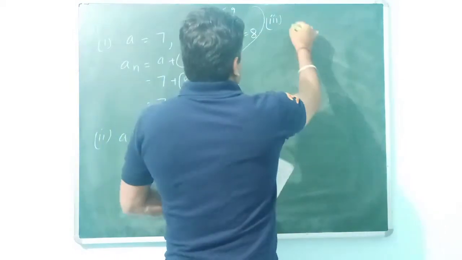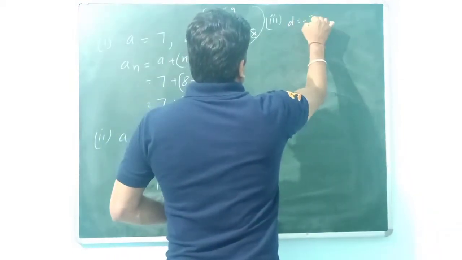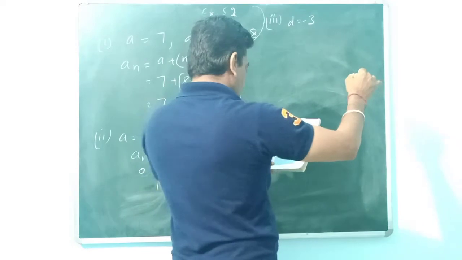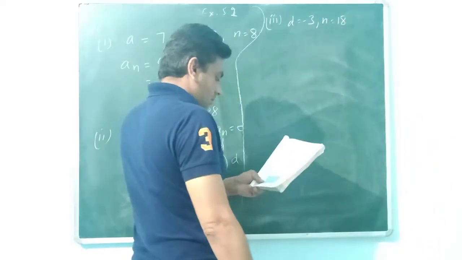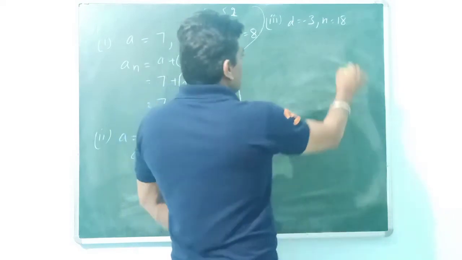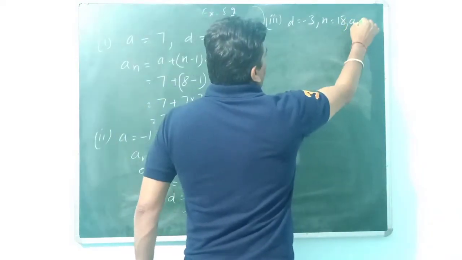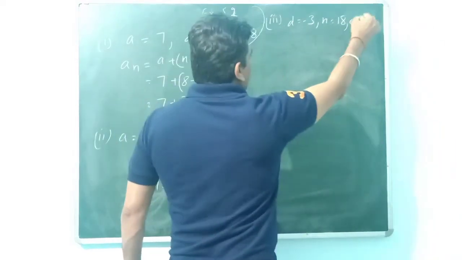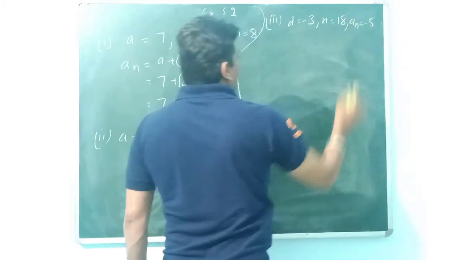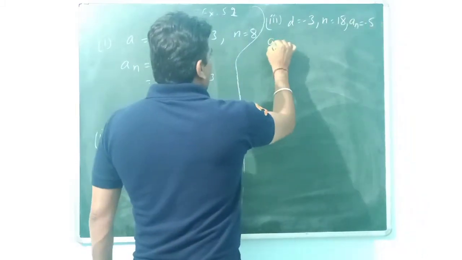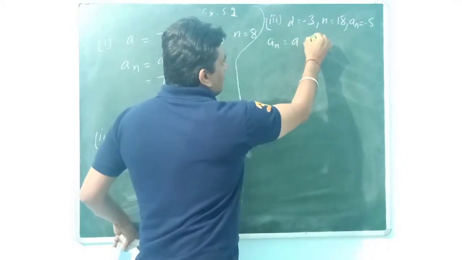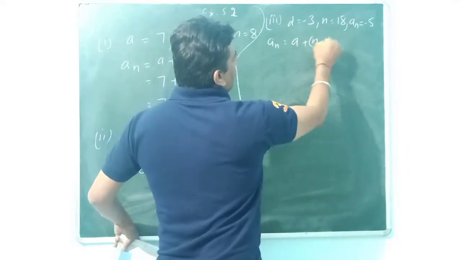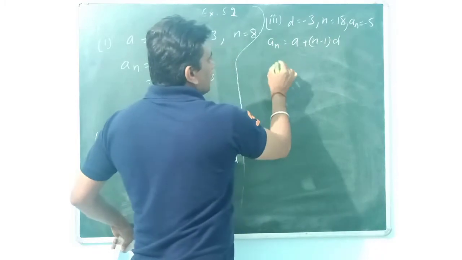D is minus 3. N is 18. And An is minus 5. Again An is equal to A plus N minus 1 into D. What is An?